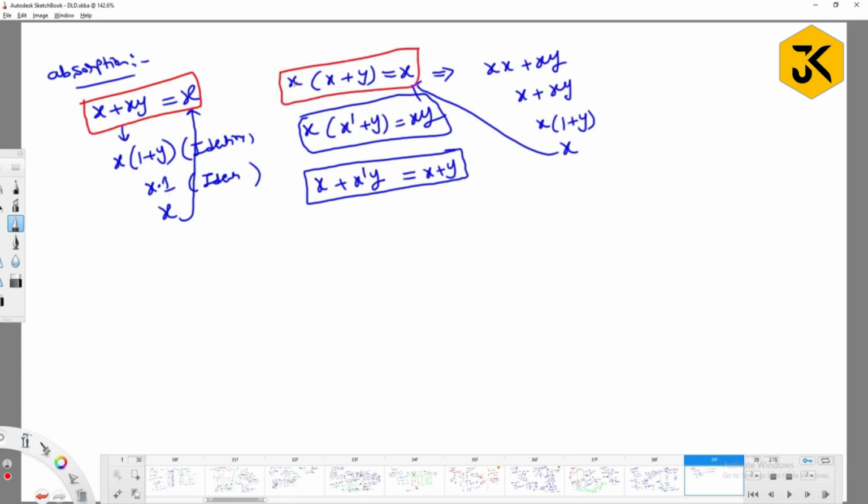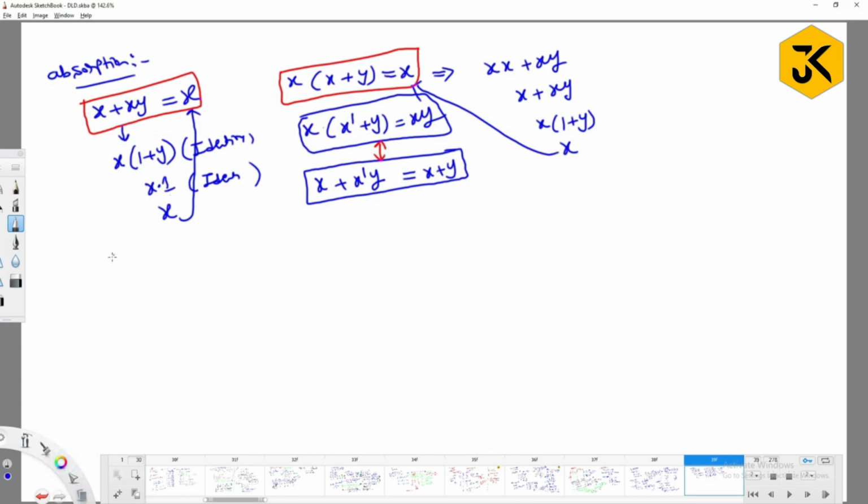These two are almost similar, but wherever one uses the plus operator, the other uses dot, and wherever one uses the dot operator, the other uses plus. Here too you can observe, wherever they use plus, they use dot, and wherever they use dot, they use plus. That is what I call duality. I will discuss that later. Okay, fine. These are the rules of absorption.